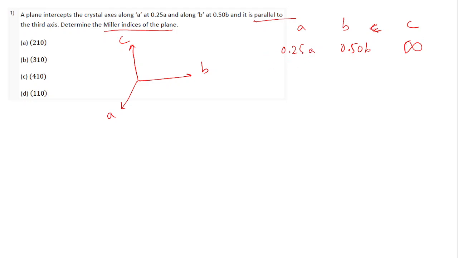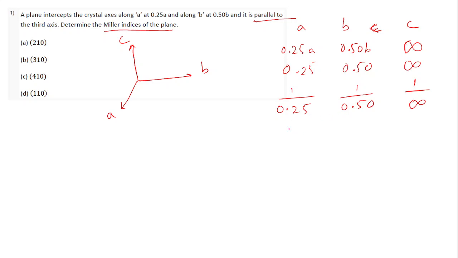First step is to drop these A, B, C. Just take the numbers 0.25, 0.50 and infinity. Next step is to take the reciprocal. So 1 over 0.25, 1 over 0.5, and 1 over infinity.